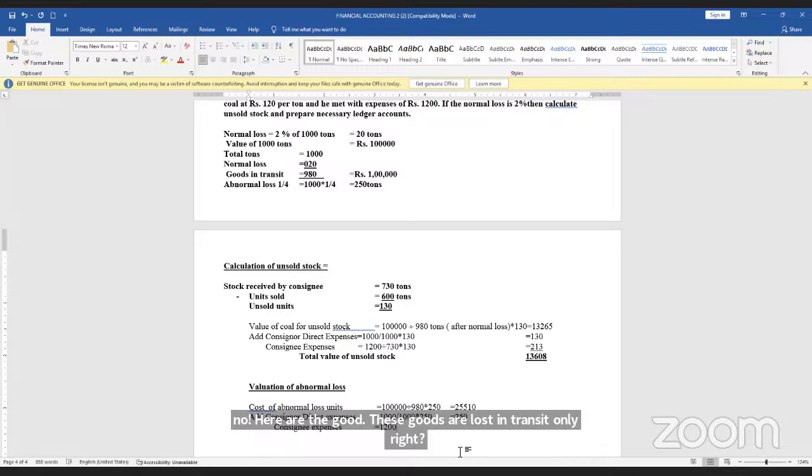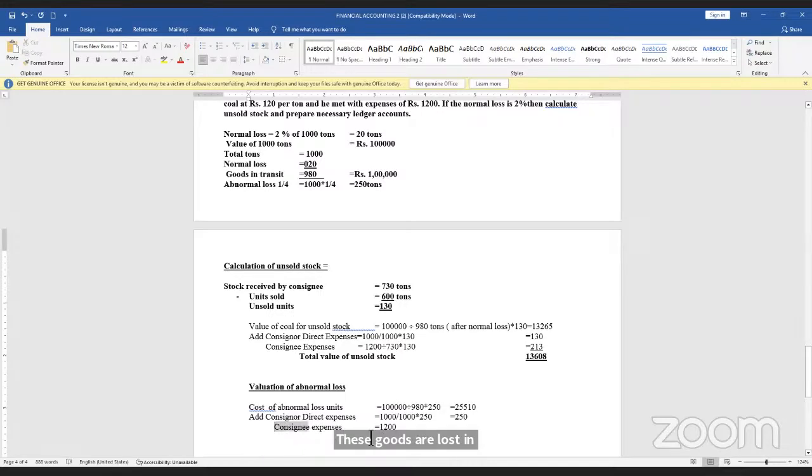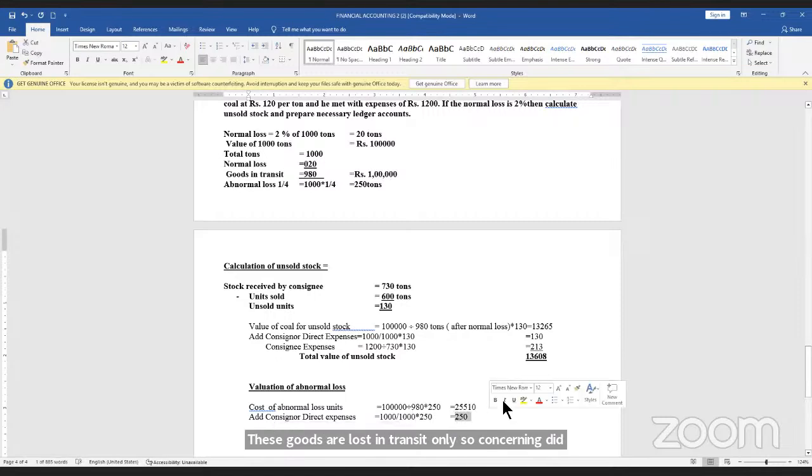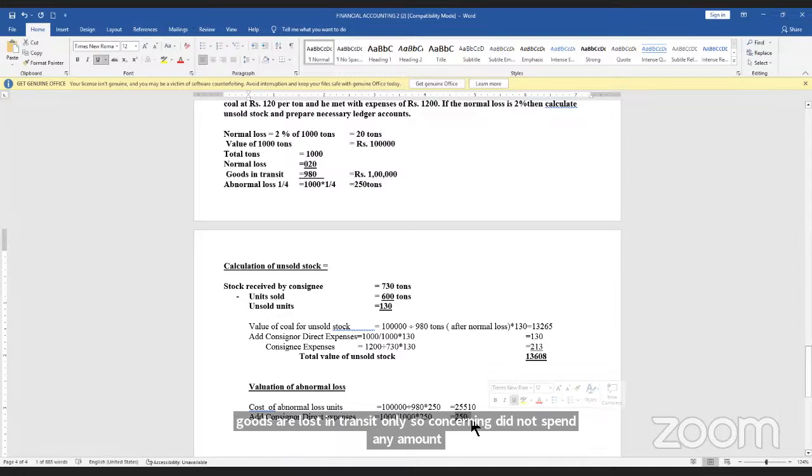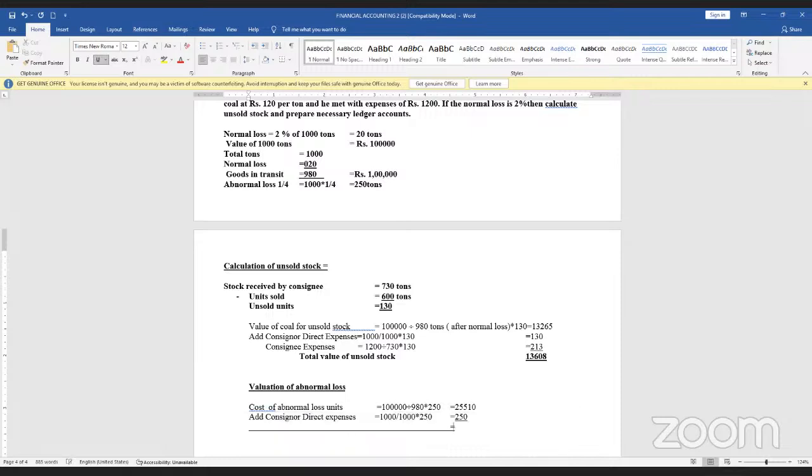These goods are lost in transit only. So the consignee did not spend any amount. So the total amount is 25,760. Is it correct? 25,760. Okay, value of abnormal loss. You are supposed to calculate like this.